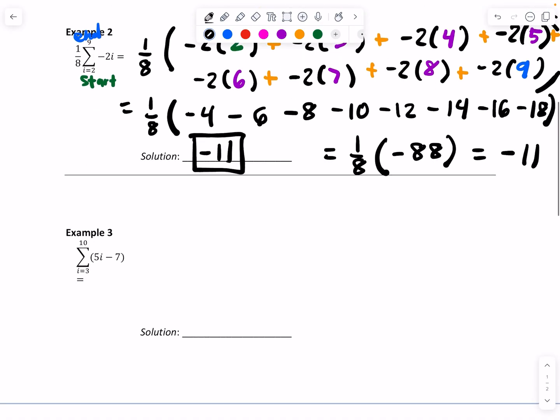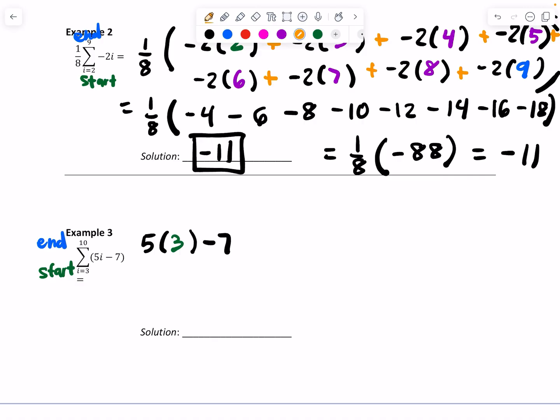Okay, next example. I'm going to have 5 times i minus 7, starting at i equals 3. And I'm going to stop when I get to i equals 10.